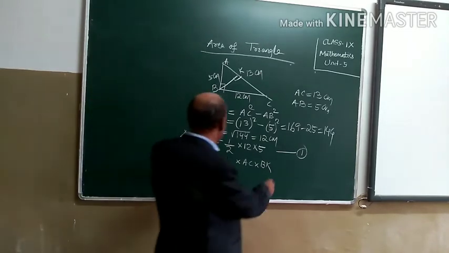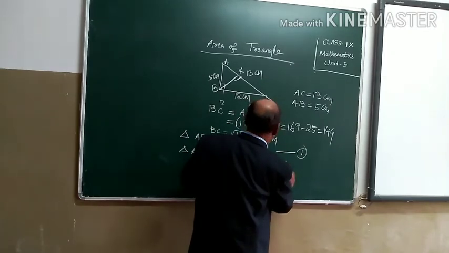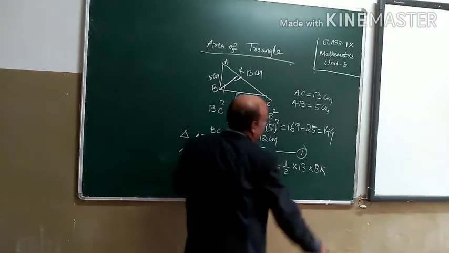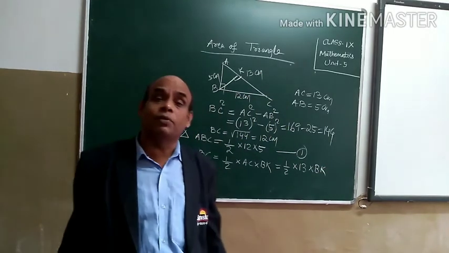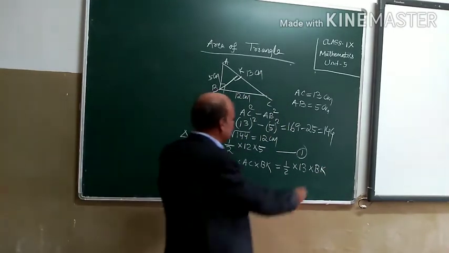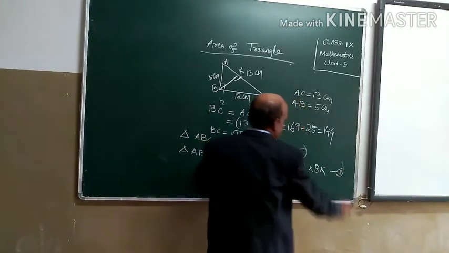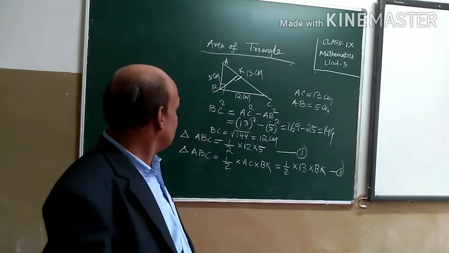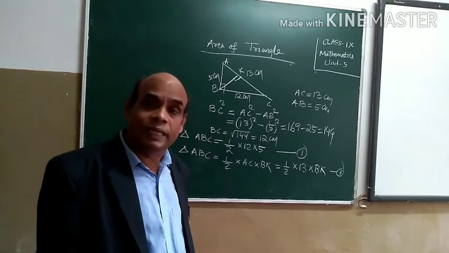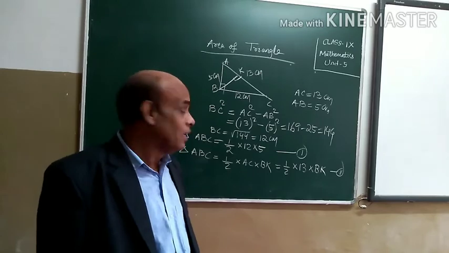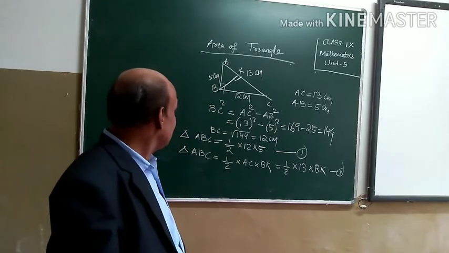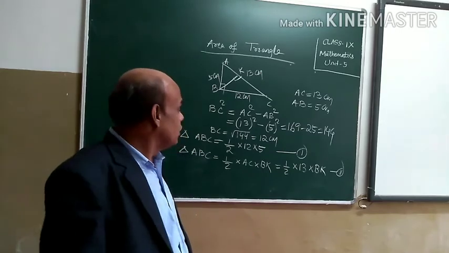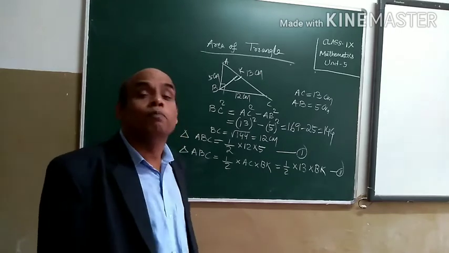So that is half into 13 into BK, because you have to find the value of BK. In equation number 1 the area of ABC is half into 12 into 5. And equation number 2 is the same area of triangle ABC, equal to half into 13 into BK.